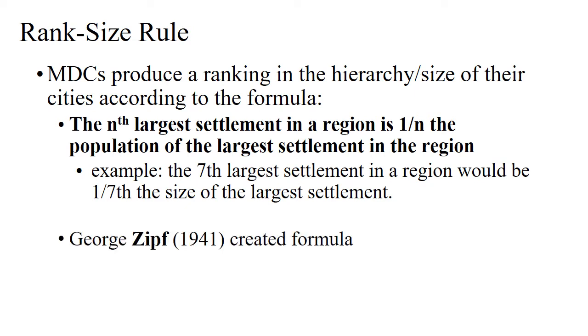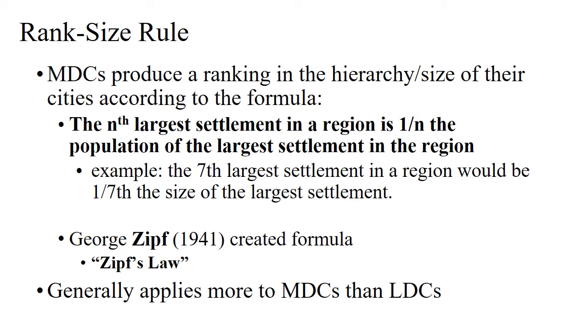A couple different guys have talked about something like this. One of the most closely associated with this rule is George Zipf, who in 1941 creates this formula. So I bring that up because sometimes you might see this referred to as Zipf's law, in addition to the rank size rule.